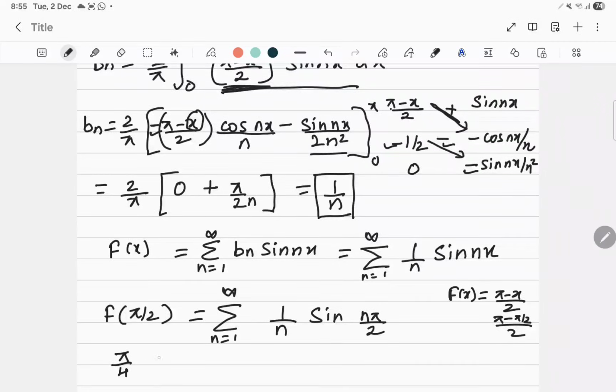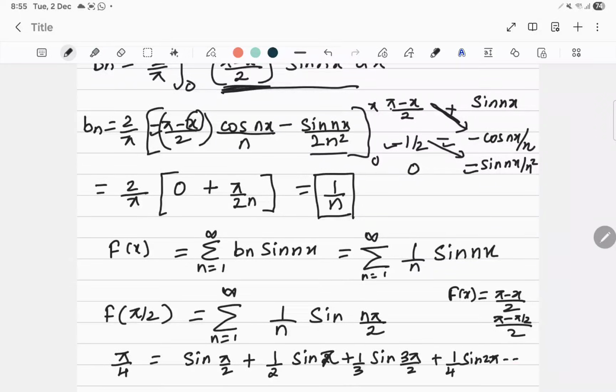So pi by 4 is equal to, now I'll open the summation. If I put n equal to 1, I get sine pi by 2, plus, when I put n equal to 2, 1 by 2 sine of 2 pi by 2, 2 and 2 cancel, so sine pi, plus 1 by 3 sine of 3 pi by 2, plus 1 by 4 sine of 2 pi, and so on.